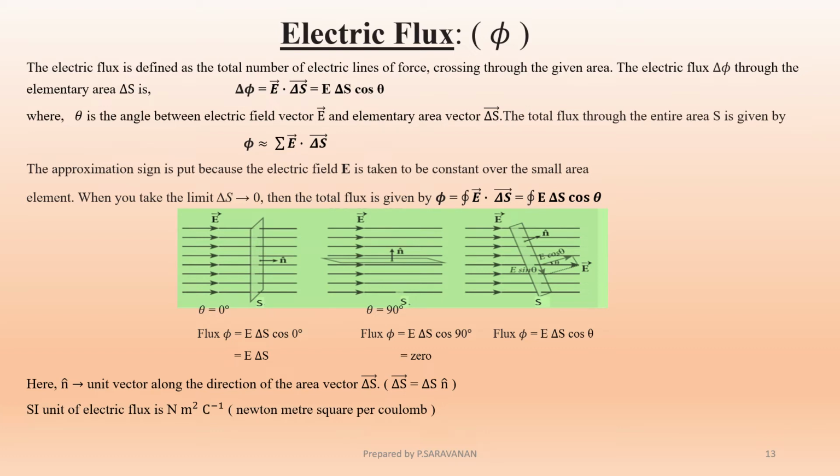That is represented by n cap. So the area vector n cap in the first picture is along the direction of the electric field E. Total number of lines of electric field passing through the plane area is 8, I counted.